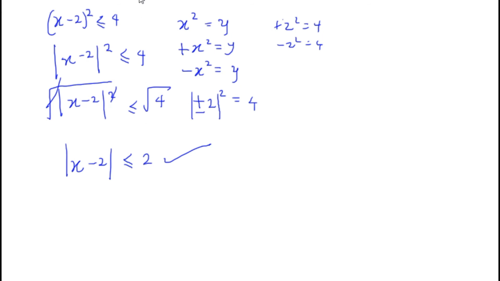Okay, so let's solve, friends. Let's solve a different practice problem. So let's say you have a question of this nature: the absolute value of x plus 1 upon x is less than 2.